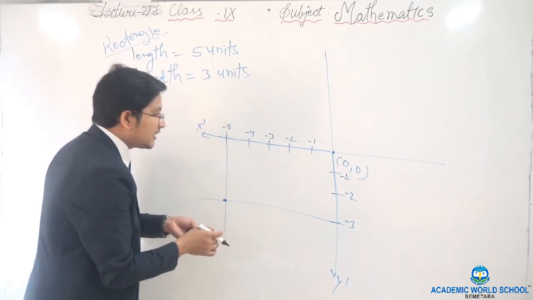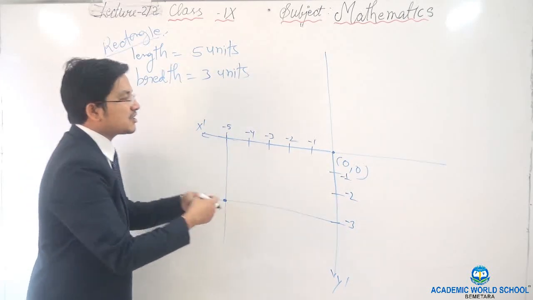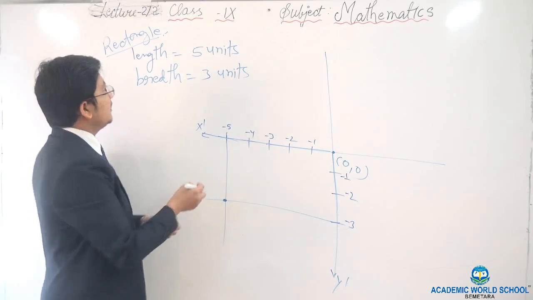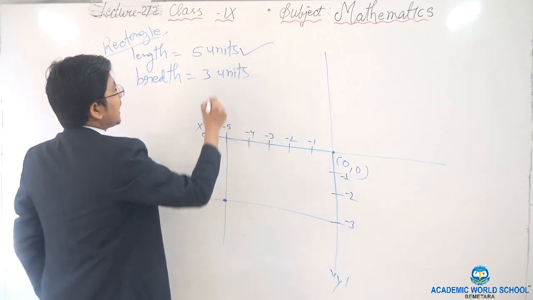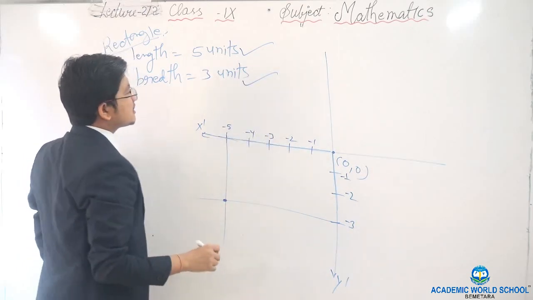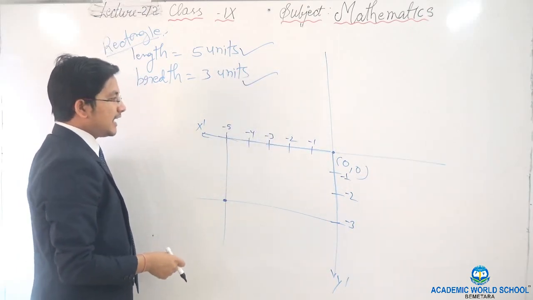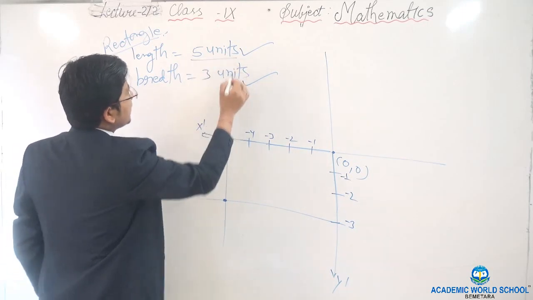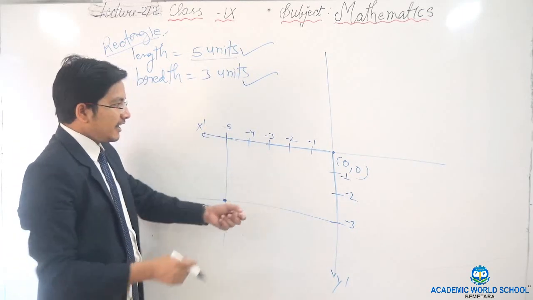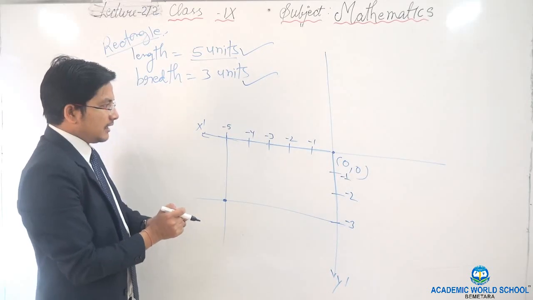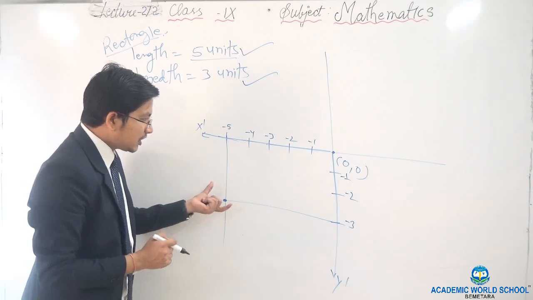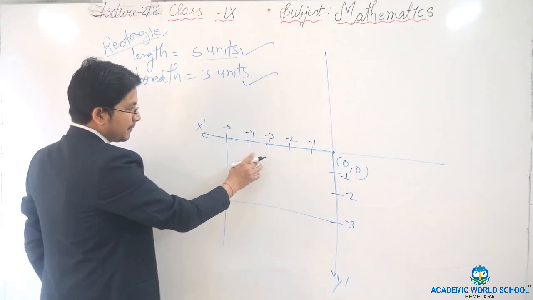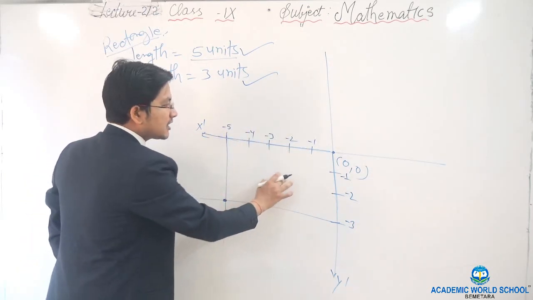The situation in the question was such that we have to draw a rectangle with length 5 units, breadth 3 units, in such a way that the length lies on the x-axis, and one of the vertices lies in the third quadrant. So because of that we have drawn it this way.